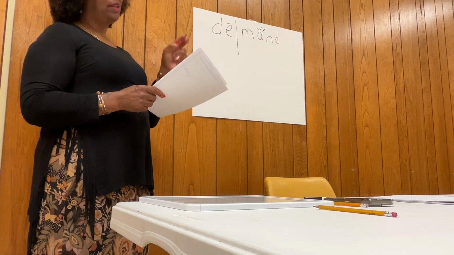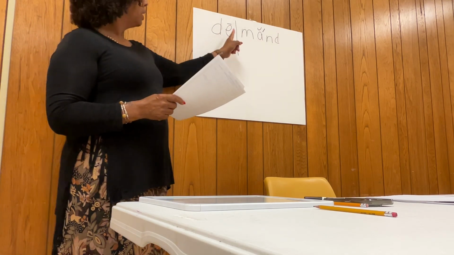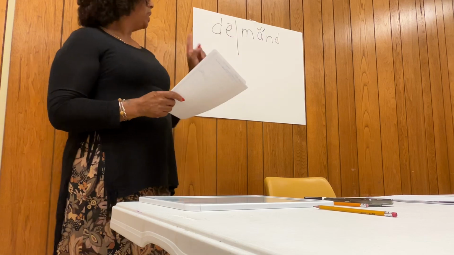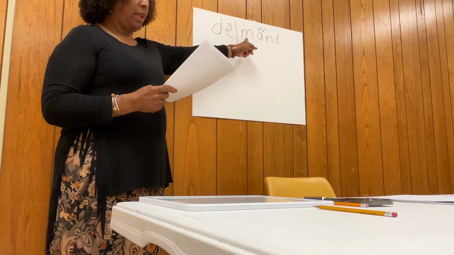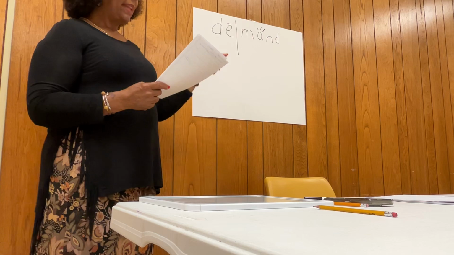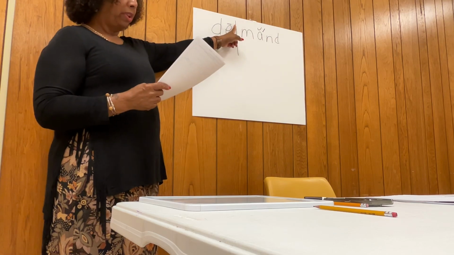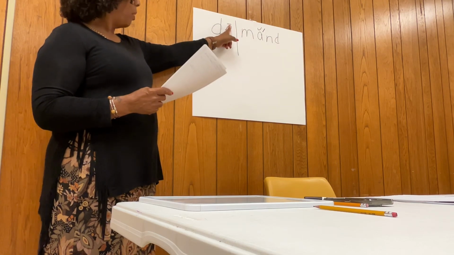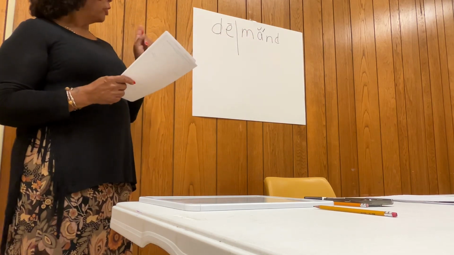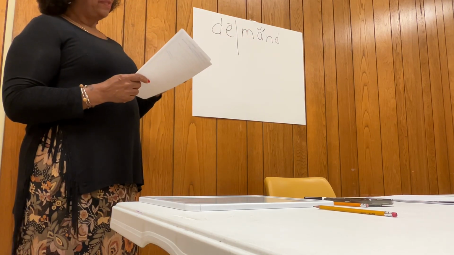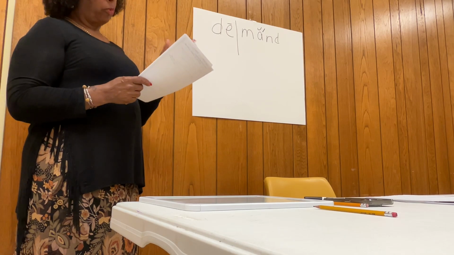Okay, we have a vowel, consonant, vowel. We divide before the first consonant. Then we accent the first syllable normally. Then we code our vowels, long, short. And we read the first one without the accent, and we see if that makes sense. Have you heard that word before?